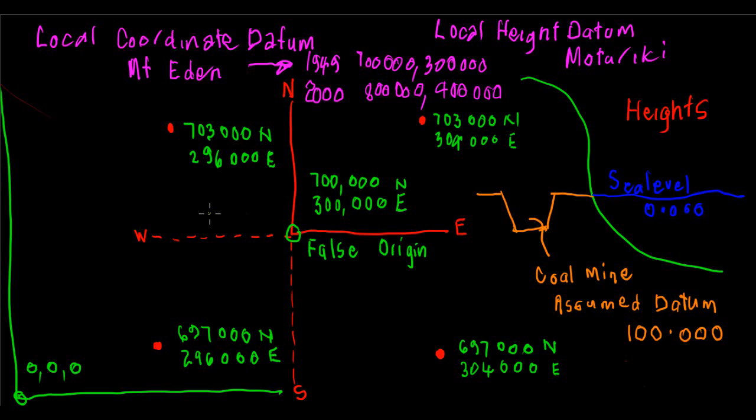So it's very important that you understand what datum you're using, what form your coordinates are in, northing, easting and height, and sometimes you may want to assume a datum so that you have some good arithmetic and good mathematics acting on your behalf and in your favour.